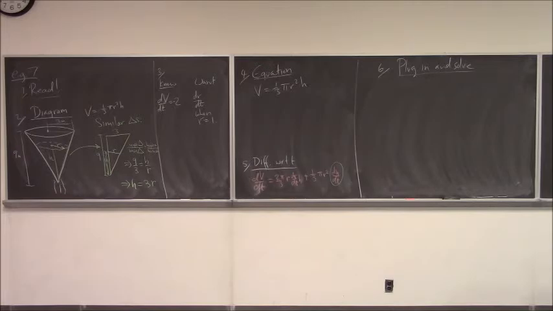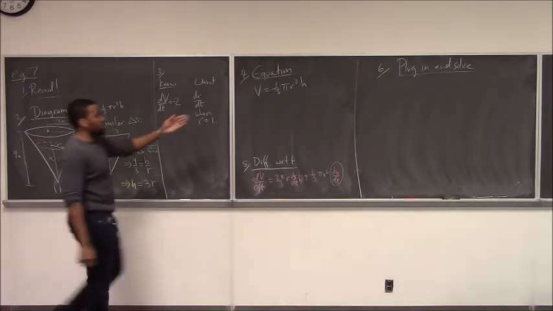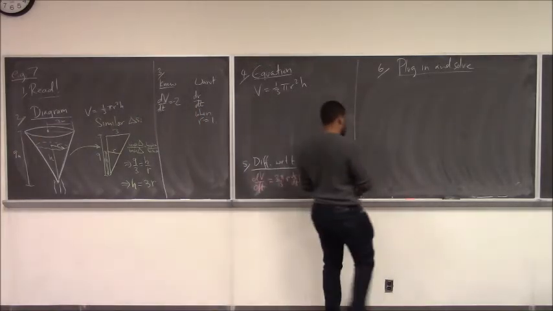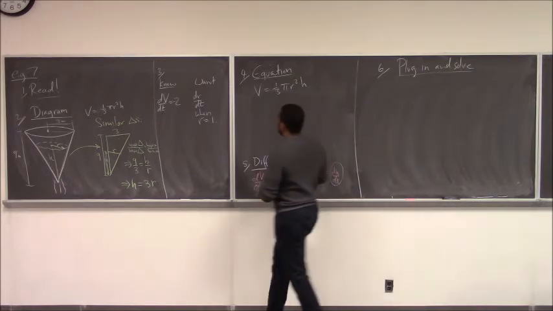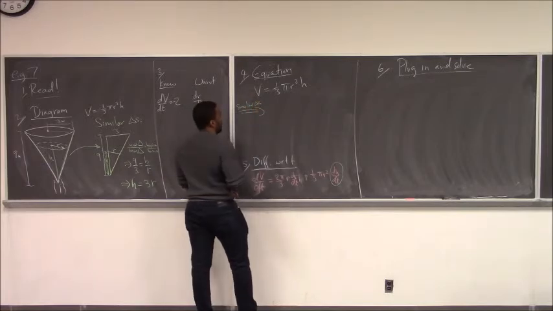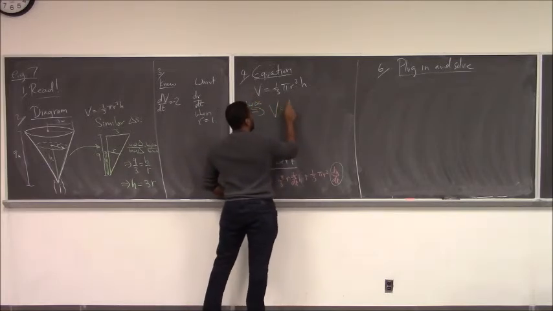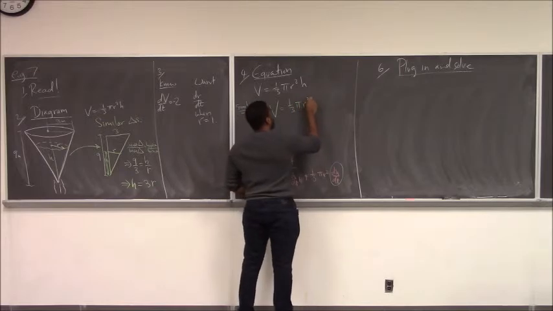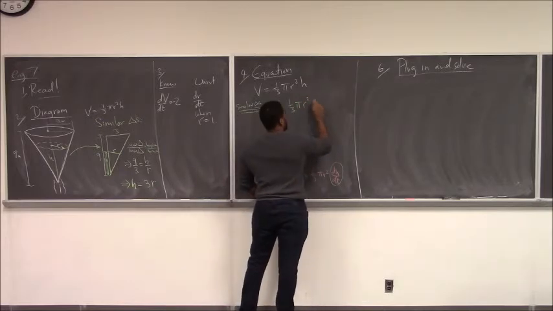And so now I'm going to come up with a slightly different equation. Here, by applying similar triangles, I end up with the fact that V is going to be 1/3 pi r squared times 3r.